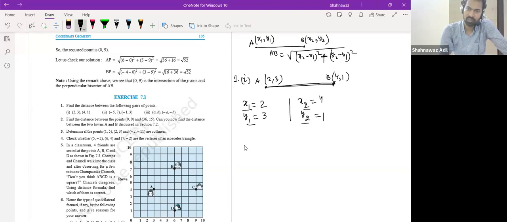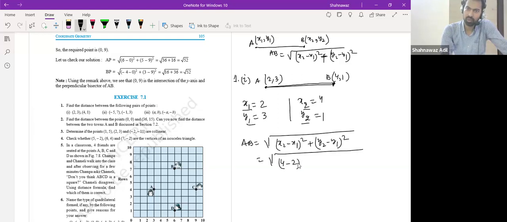So the distance is simply root of x2 minus x1 squared plus y2 minus y1 squared. So this is simply 4 minus 2 whole square plus 1 minus 3 whole square.